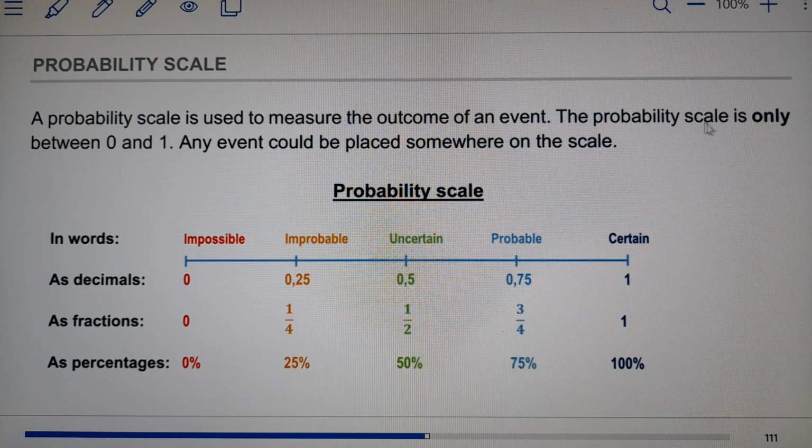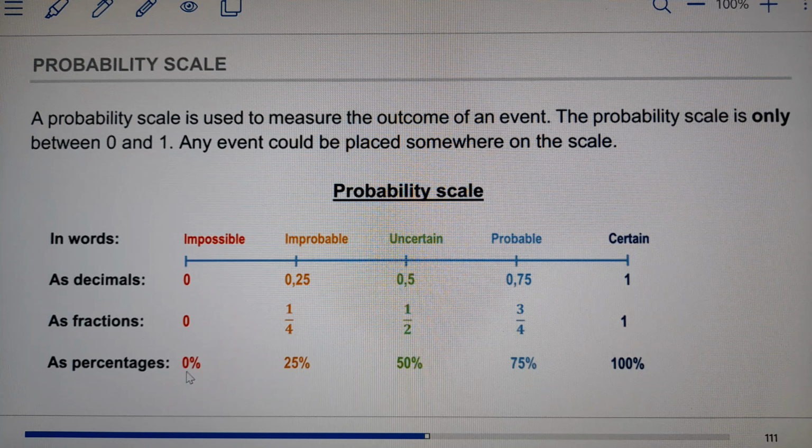The probability scale is only between 0 and 1. Any event could be placed somewhere on the scale. So the probability scale starts from 0 and ends at 1. And we can write the scale in different ways, as decimals, as fractions, and as percentages.